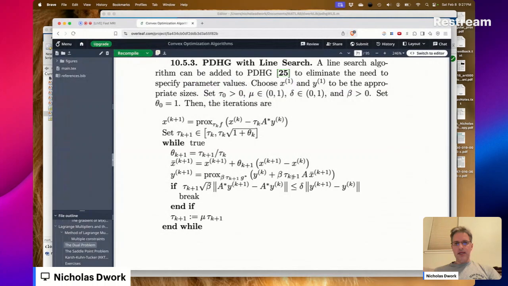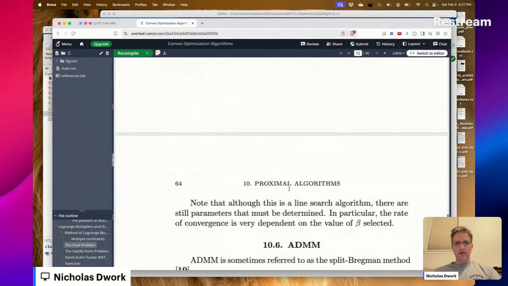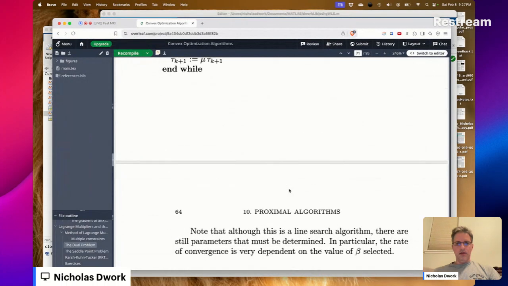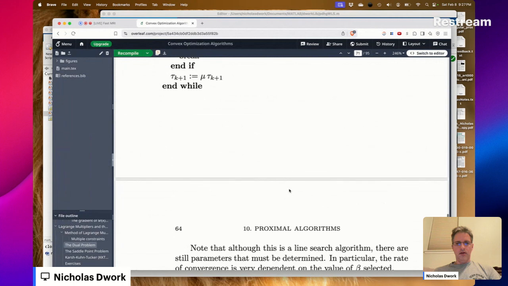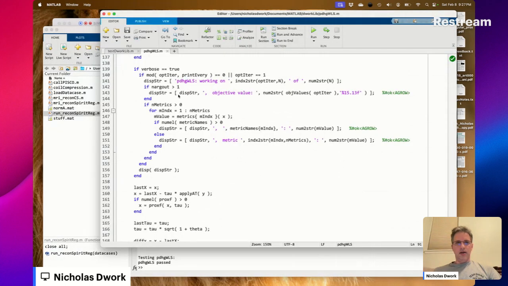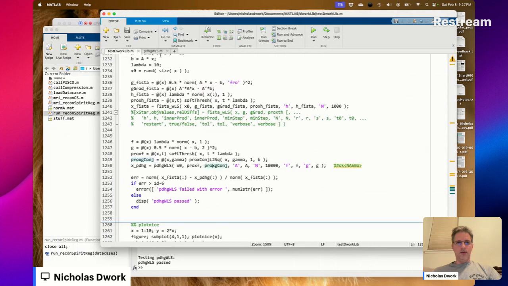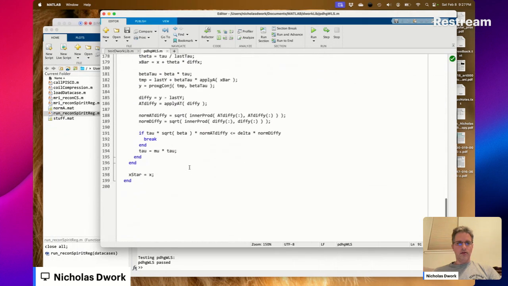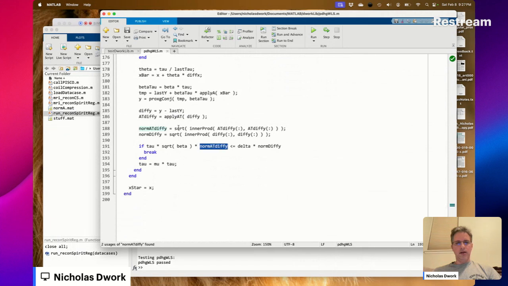So this is going to be the L2 norm. And the L2 norm is the square root of the inner product of A^T diff y with itself.